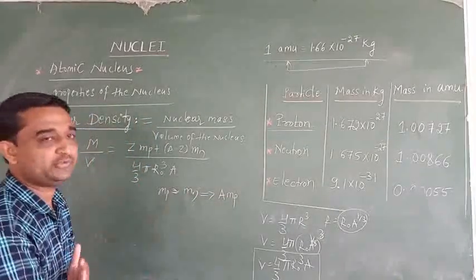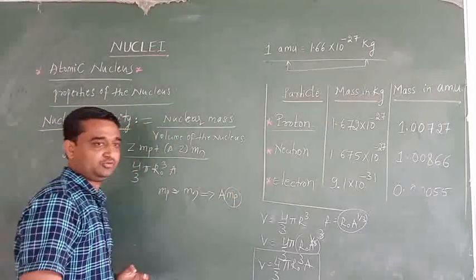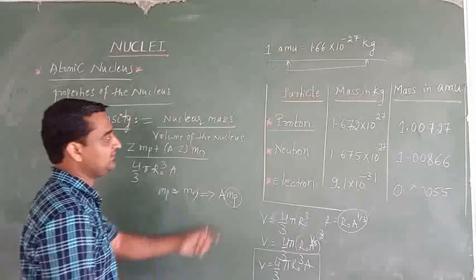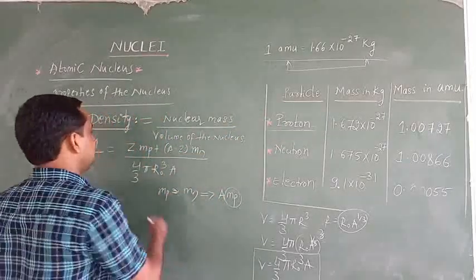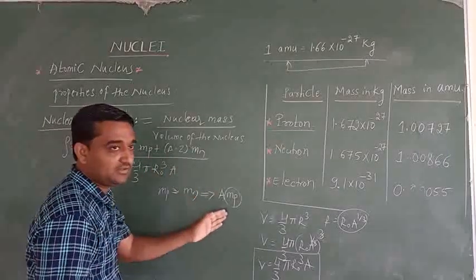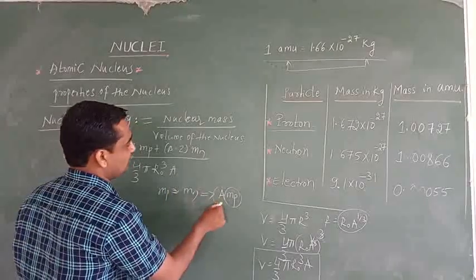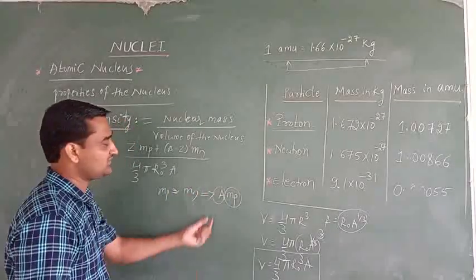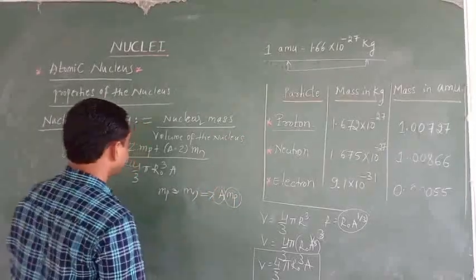We have to consider the total nucleons, and the mass of each proton or neutron, because both have nearly equal mass. The total number of protons and neutrons is A, so we take the mass of the proton or neutron.